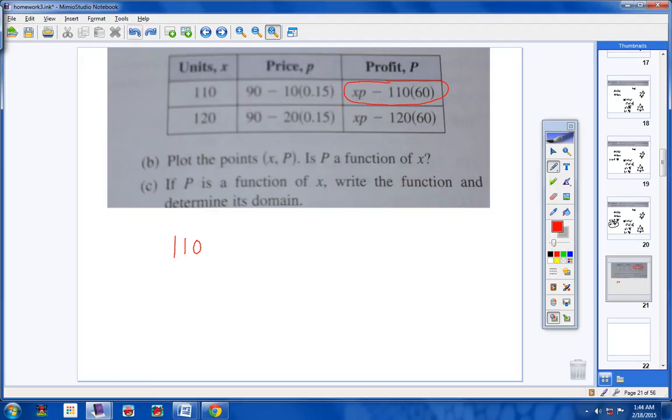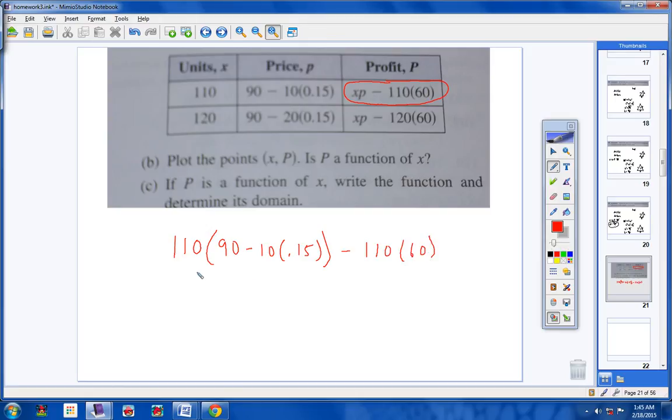So we would have 110 times your P, which is this right here, 90 minus 10 times 0.15, and then next is minus 110 times 60.